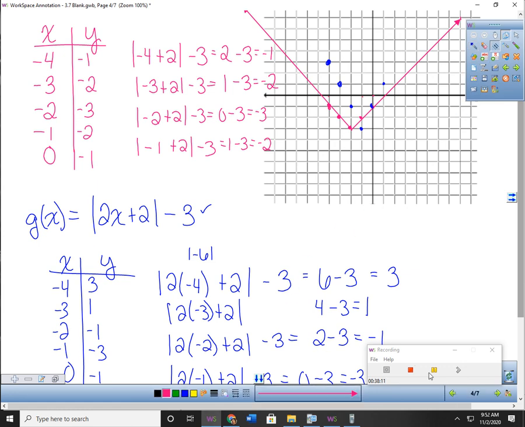So draw your line in. And then we'll go over the difference and compare them next time.